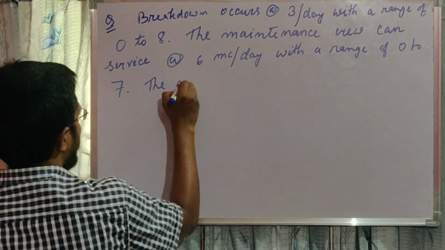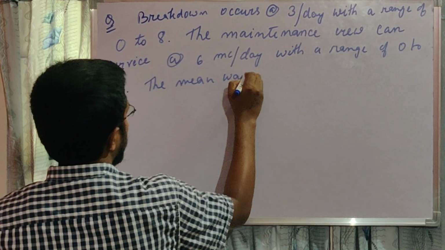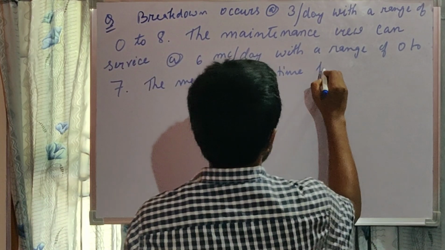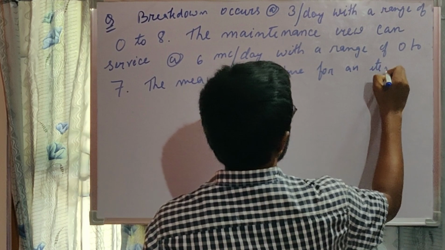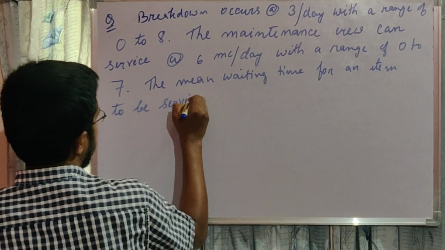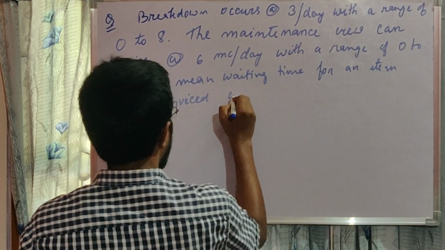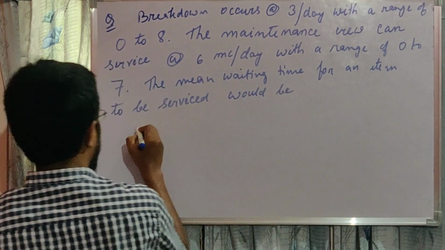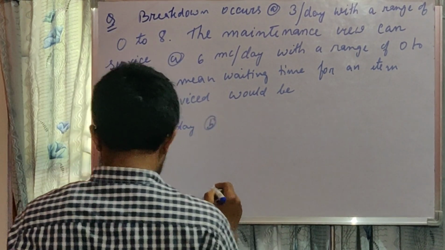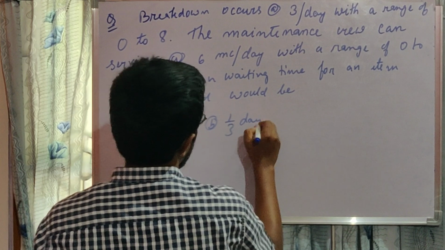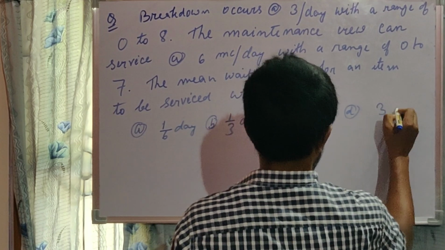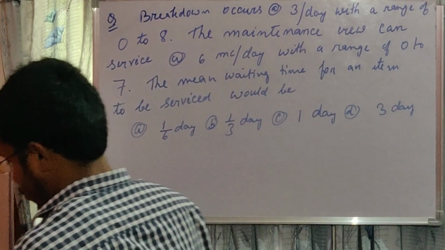The mean waiting time for an item to be serviced would be, options are A 1 by 6 day, option B 1 by 3 day, option C 1 day, option D 3 day.